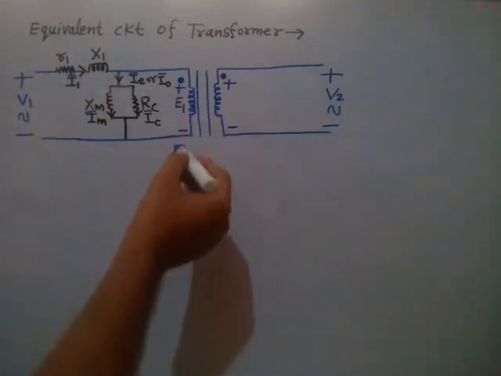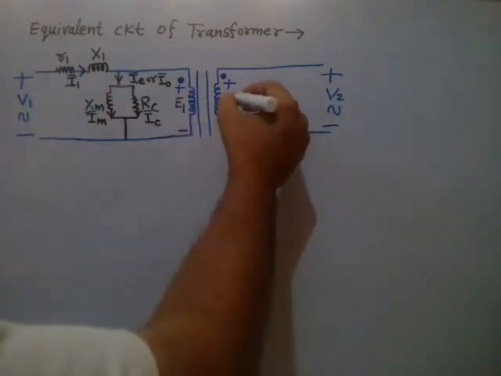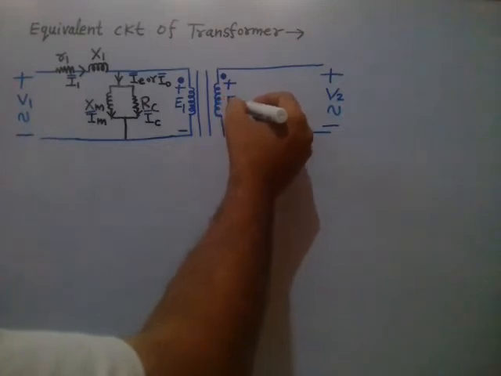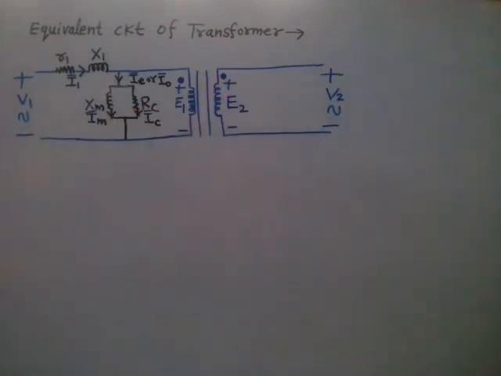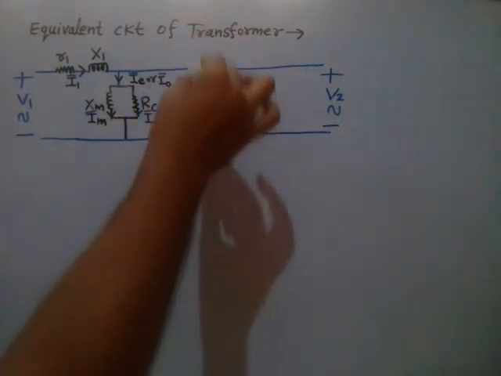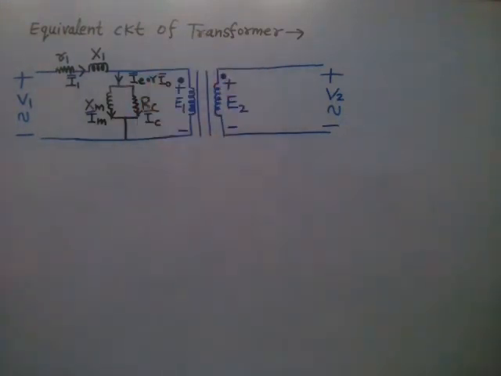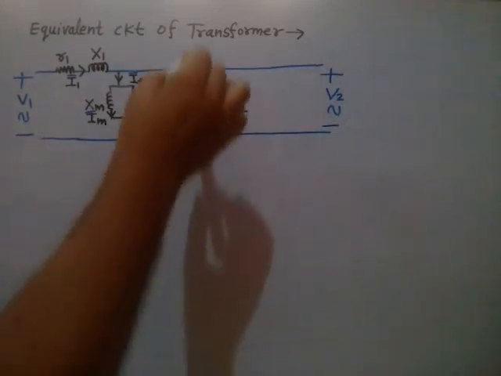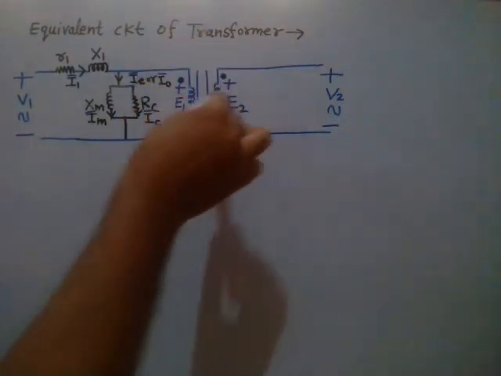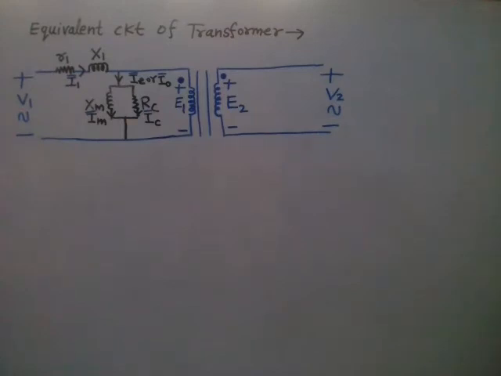That's the meaning of dot convention. So plus minus E1, here it is plus minus E2, the induced EMF in the secondary winding, that is E2. E1 is the induced EMF in the primary winding. These two parallel lines between the two windings represent the iron core.